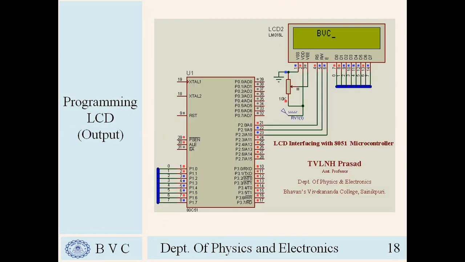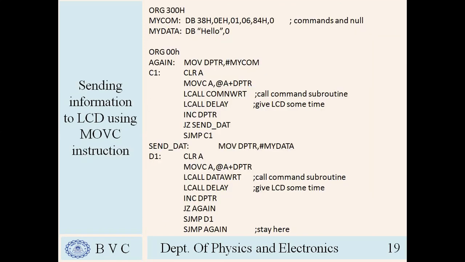So this is how we can reduce the code complexity. In this slide you can see sending the information to the LCD using the MOVC instruction. We are going to adopt another method of reducing the code complexity. We are placing all the commands, and the string we want to display on the LCD, from one particular memory location onwards.